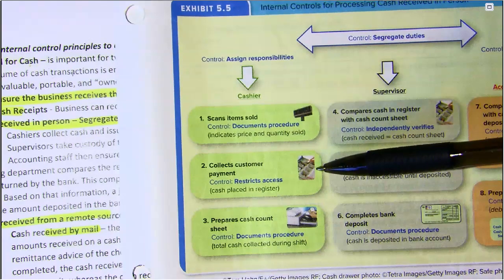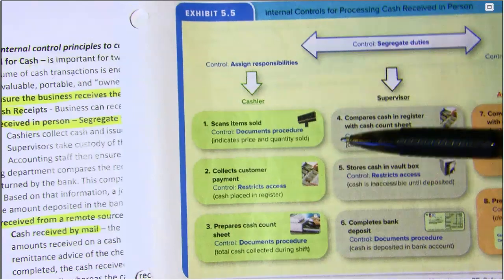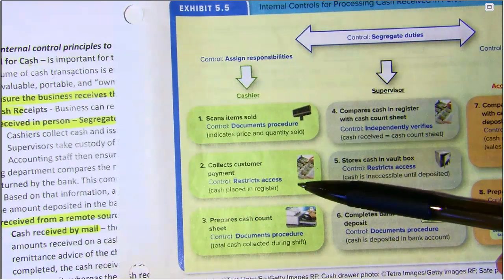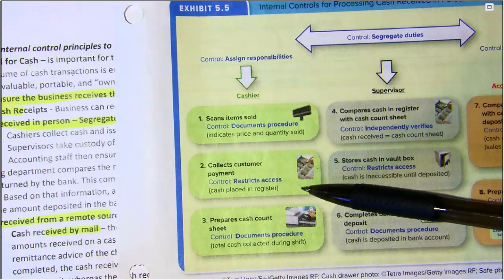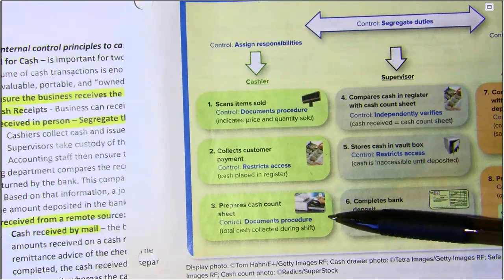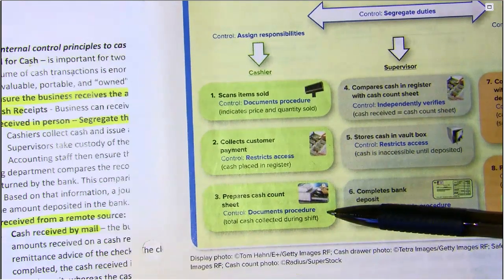Then customer payment is collected, and remember we're talking about cash procedures, so the cash is collected and it's immediately put into a cash register, which then restricts the access of other people to that cash. And then thirdly, at the end of the shift, the cashier prepares a cash count sheet which documents the cash collected during the shift.